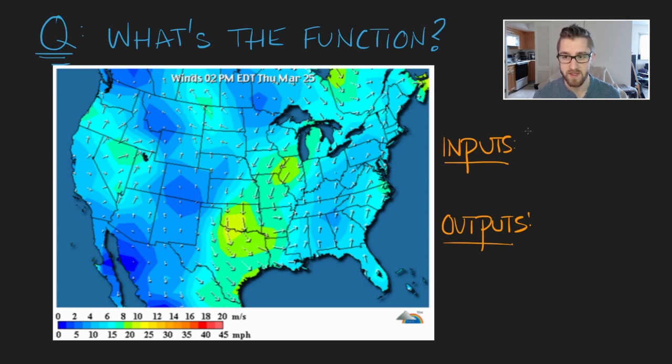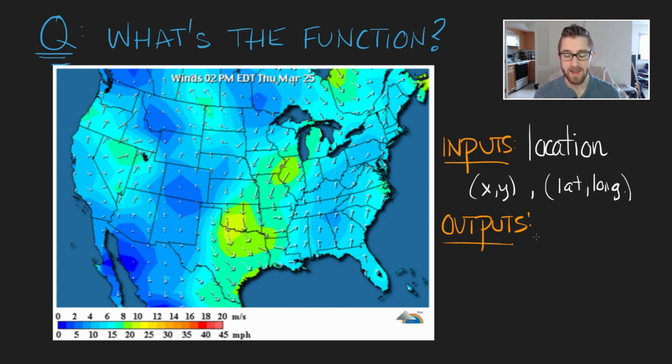So the input is location, which you might indicate by providing an X and Y location or latitude and longitude, if this was on a globe. And the outputs, well, they're vectors. They are indicating the speed and direction of the wind at every different location on the map.